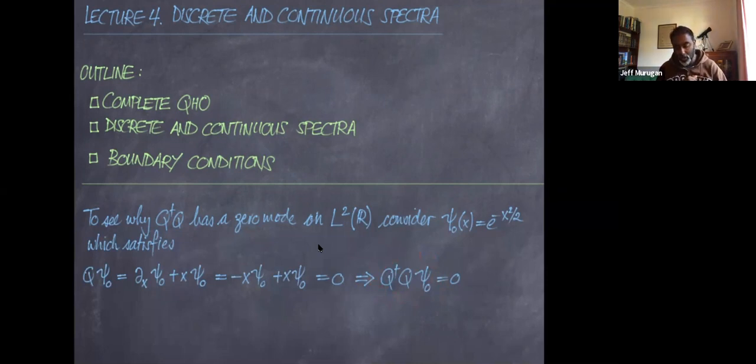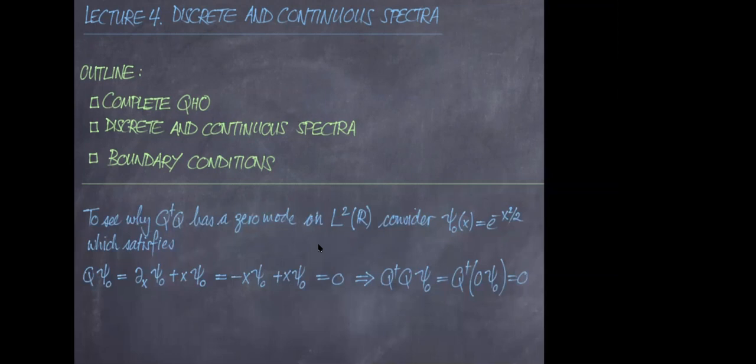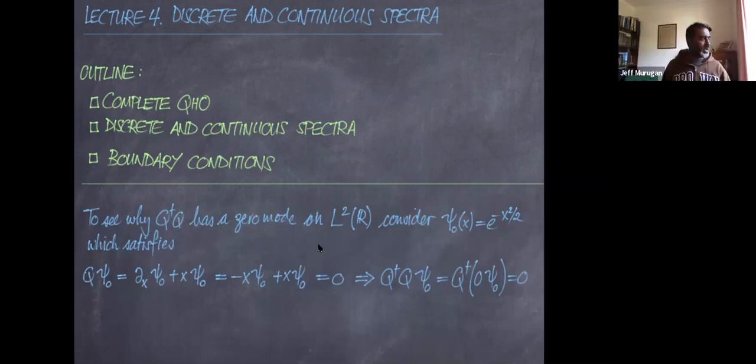And then on the right-hand side, I get Q dagger times 0 psi naught, which is just 0. Are you with me? Which necessarily means that psi naught is also a 0 mode of the operator Q dagger Q. Right. So the operator Q dagger Q does indeed have a 0 mode.